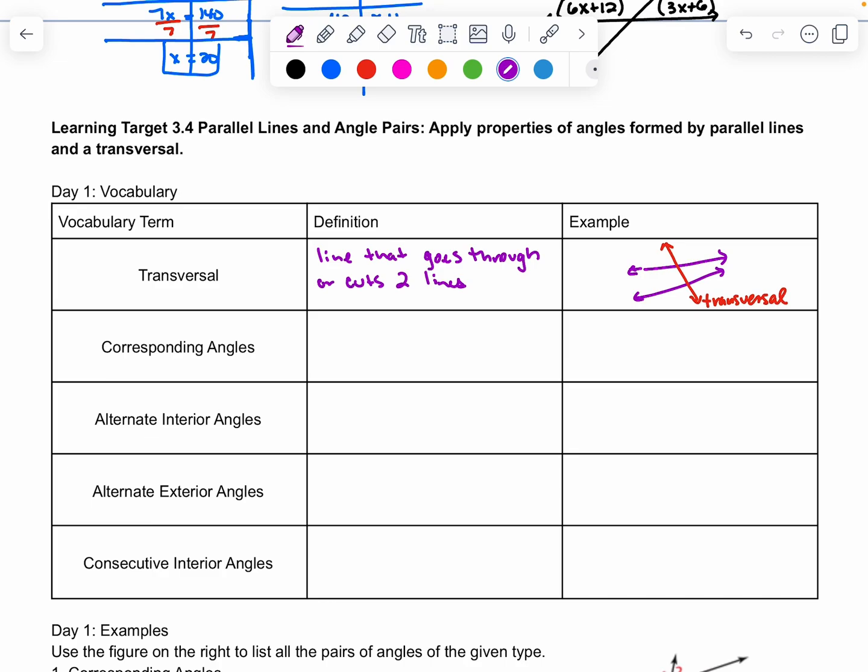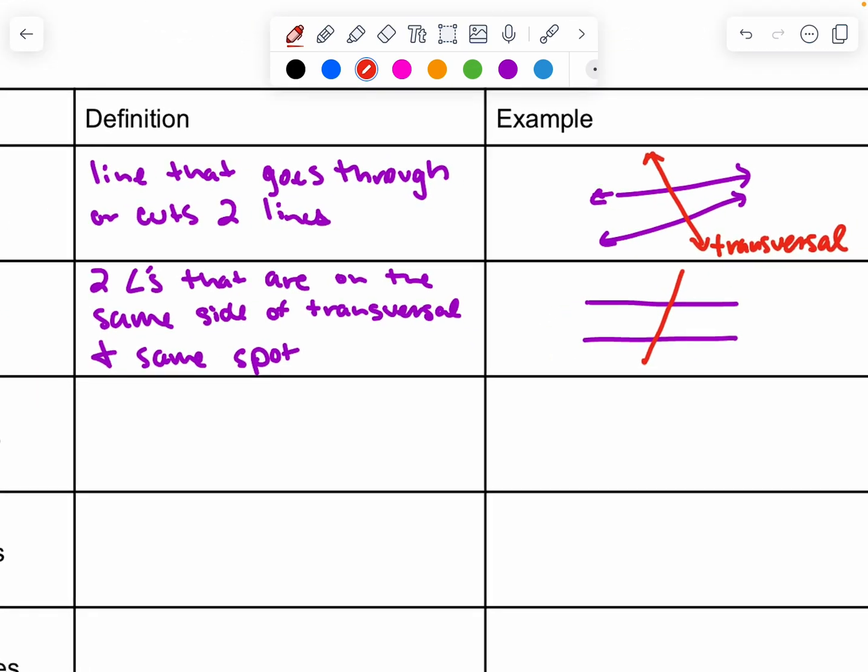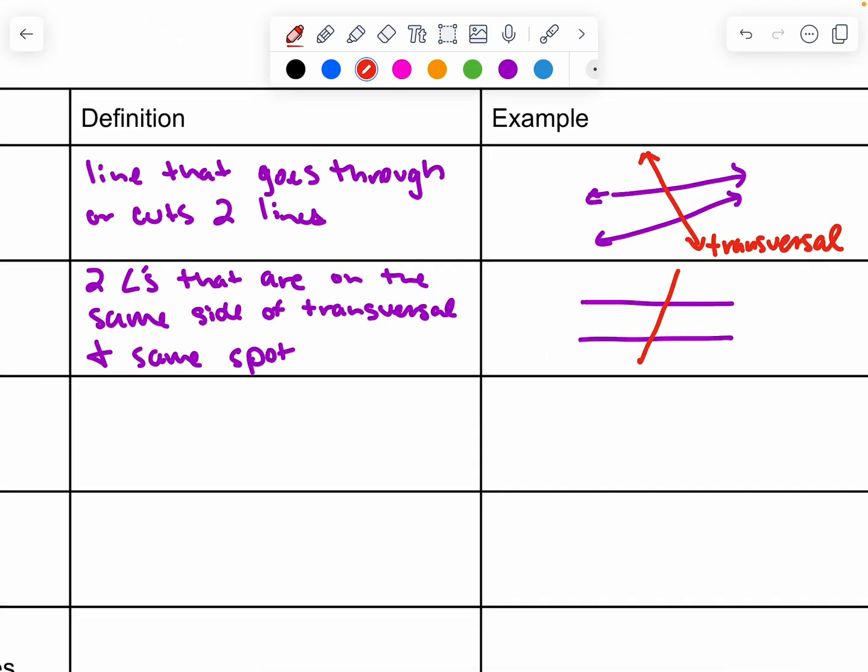Corresponding angles. These are 2 angles that are on the same side of the transversal and same spot. Okay, so I drew my transversal in red.